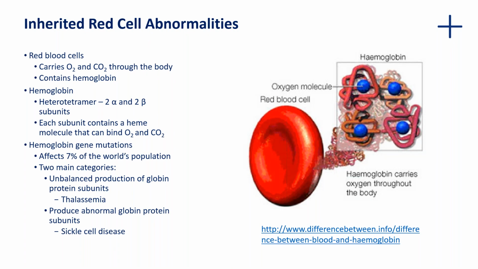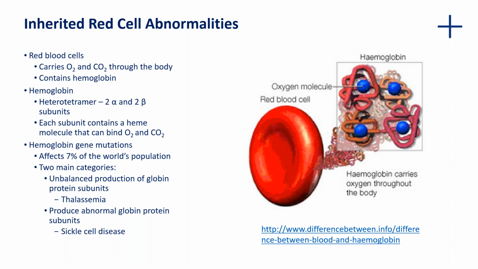So to begin with, I will just touch on what red cells and haemoglobin is all about. As you all know, red blood cells carry oxygen and carbon dioxide through the body and contain the protein haemoglobin that is actually the unit that carries these gases.